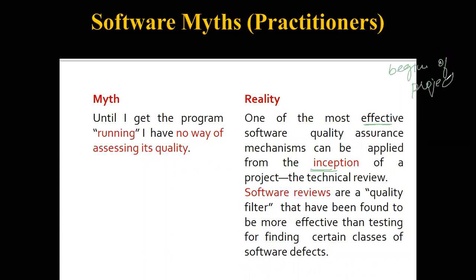When you identify at the beginning that you want to make a particular software that has the best quality, it is necessary that you start evaluating everything at the beginning of the project. This can be done by taking reviews from the customer or from the different developers. Software reviews are a quality filter.